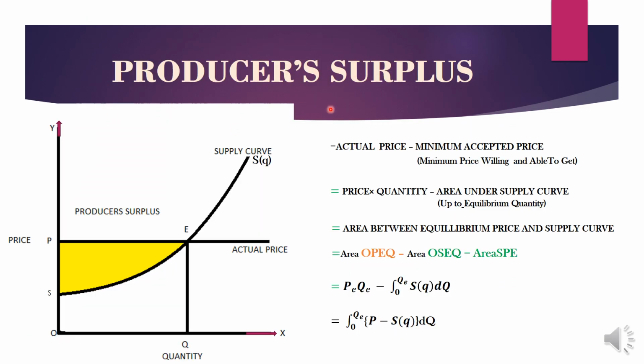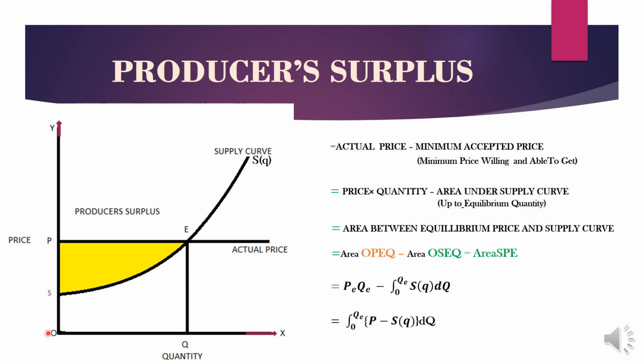Now let us try to understand the concept of producer surplus. Producer surplus is actually the difference between the actual price that a producer gets minus the minimum accepted price that he will be willing to get. The actual total price that a producer gets is equal to the price and quantity of the good, and the minimum accepted price that he will be willing to get is shown by the area that lies under the supply curve at a given level of quantity.